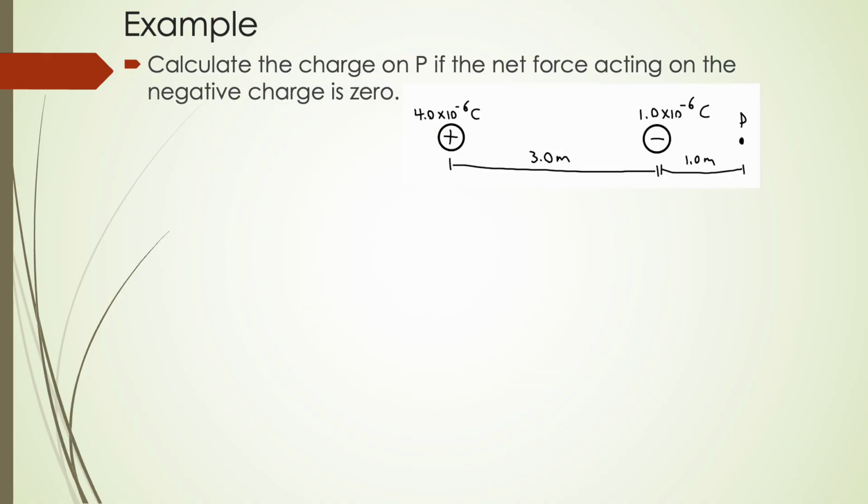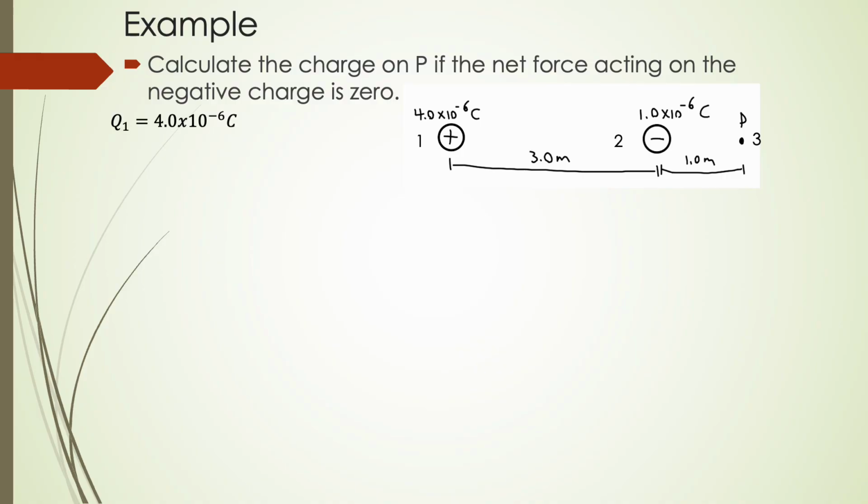Okay, next example: calculate the charge on P if the net force acting on a negative charge is 0. So first thing, I will label those charges. I'll call it charge 1, charge 2, charge 3. So charge 2, we know the net force acting on it is 0.